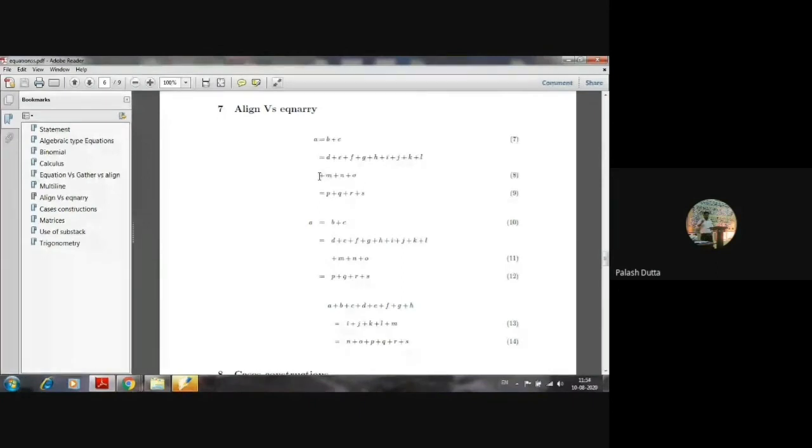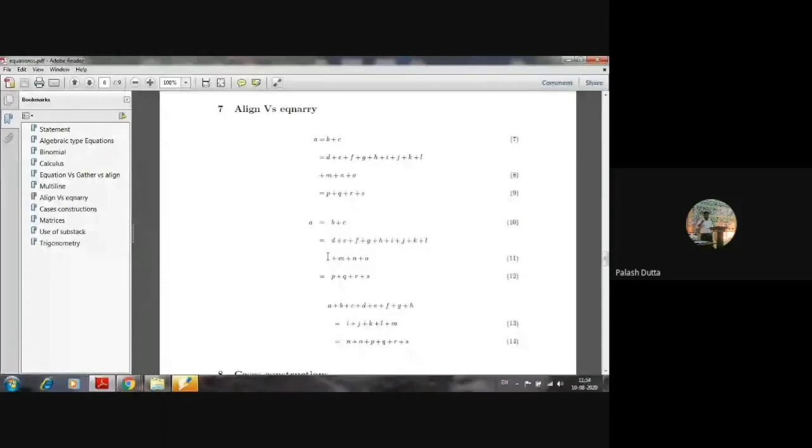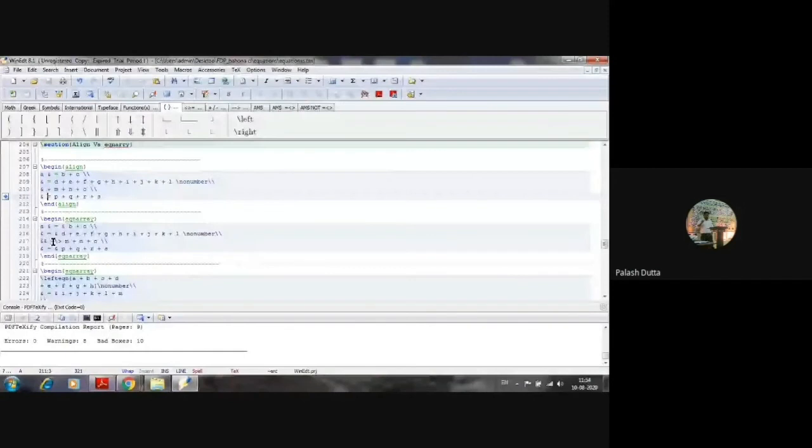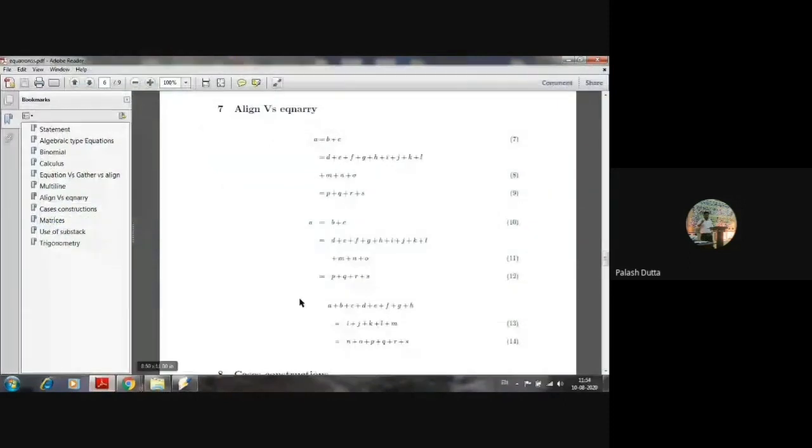So how this is more aesthetic, you can see there, right? It's beautiful. So to get this expression, we move this symbol from here to there. We use simply this eqnarray expression, and it gives us this expression.